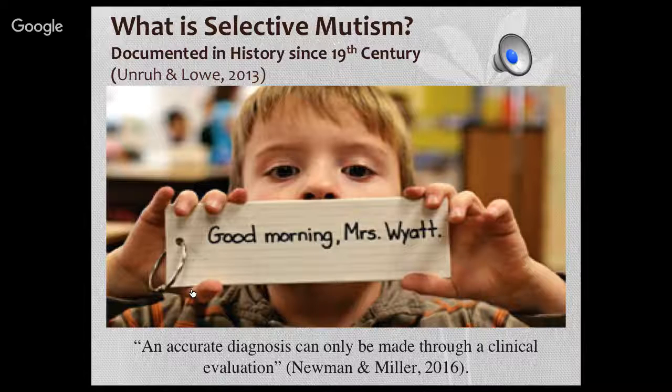However, on the other hand, the learning theory approach suggests that selective mutism is a learned behavior maintained by social reinforcement, whereas a psychoanalytic approach suggests that selective mutism functions to reduce a child's fear in anxiety-provoking situations through this unresponsiveness. As you can see in this image that I have in this slide, this child is choosing to write down what he wants to say. This child is not speaking.